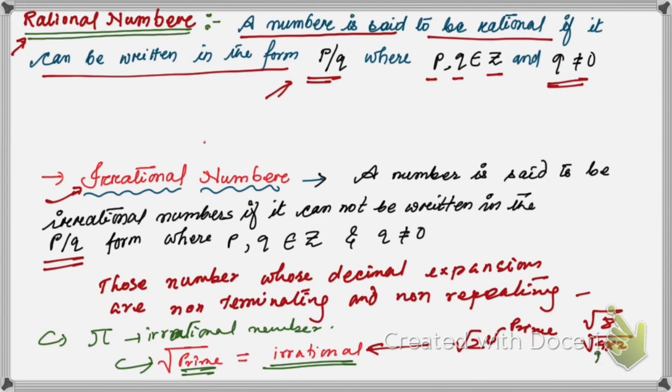That's why root 8 can be written as 2 root 2. Again, here 2 is a prime number, so we have root 2, and that's why root 8 is also irrational. Remember that way.